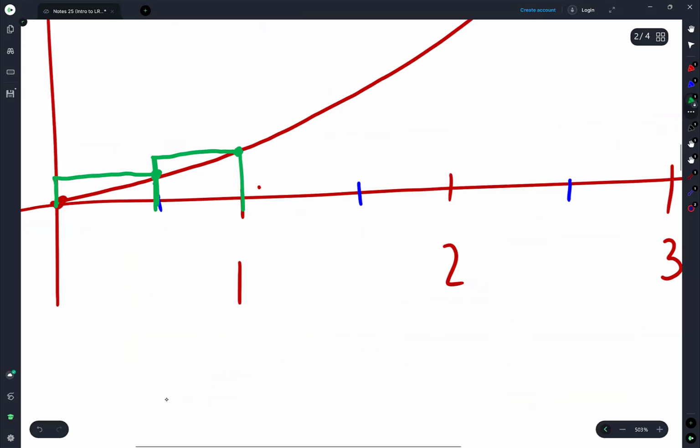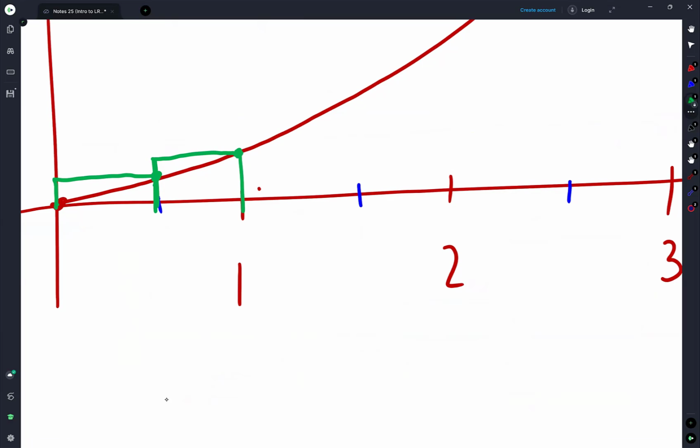Now I'm using the rightmost, right? So between 1 and 1.5, what's more to the right? 1.5. So I go to 1.5 and put a point on the curve because that determines the height. I go straight down and horizontal until I get to this one right here. You see what I did? There it is between 1 and 1.5.